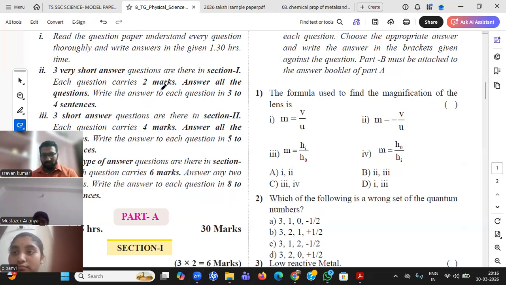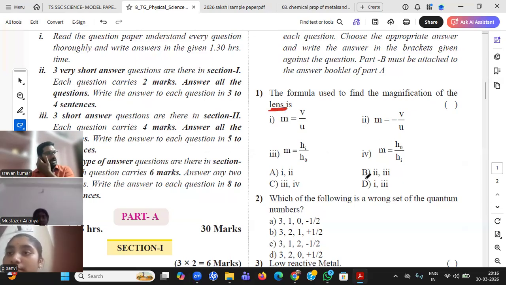Tanvi gave some option. Yes, Ananya, right answer. Sanvi, lens, beta. He is speaking about lens.